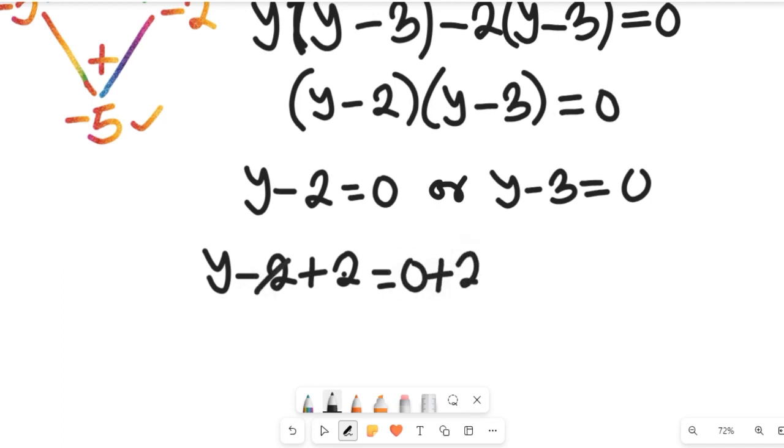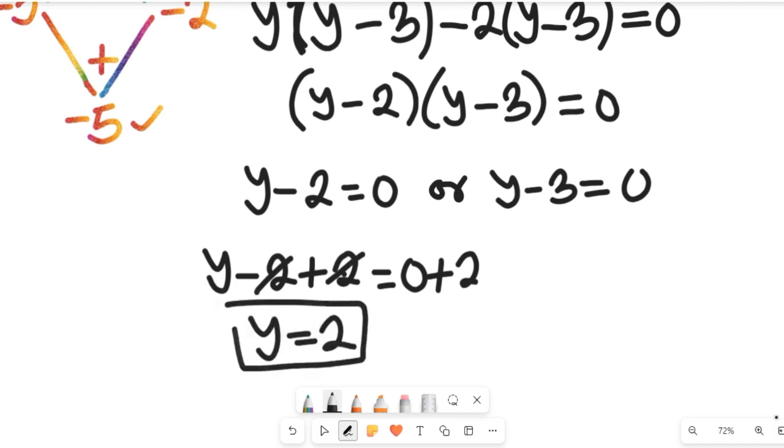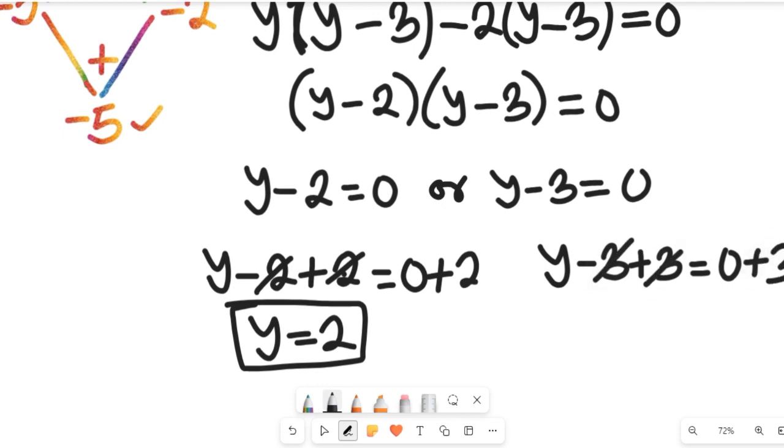On this side, 2 clears 2, and then we'll have our y equal to 2. Great. So that's the first solution. And on this side, we're going to add 3 to both sides, minus 3 plus 3, equal to 0 plus 3. And when 3 clears 3, we'll have our y equal to 3.